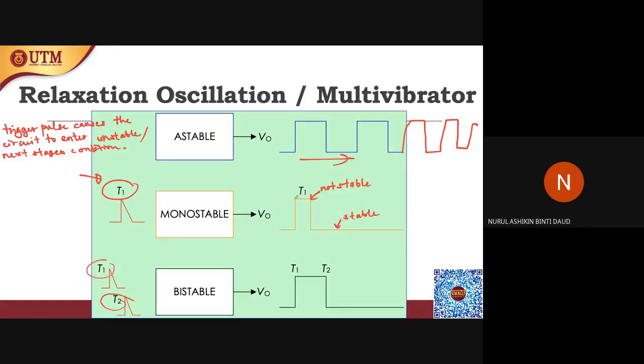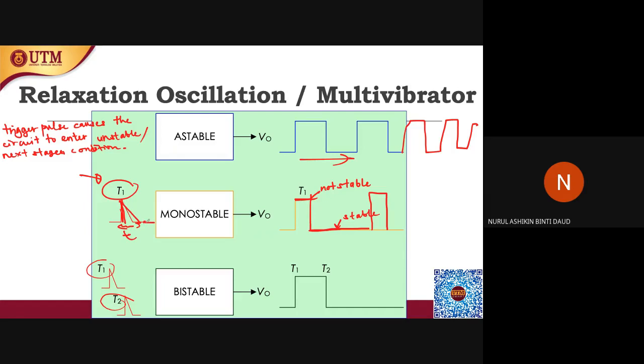In order to change from the not stable condition into the stable condition, it requires this trigger to push the signal to this point for some time, according to the duration it will work. When the time is finished, at this point where the trigger becomes zero again, it will change into the not stable condition again.